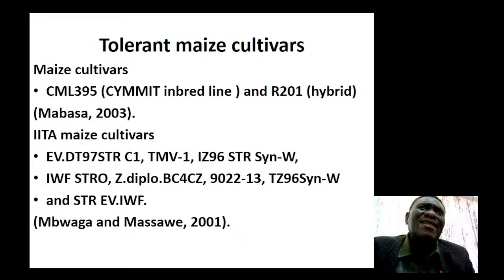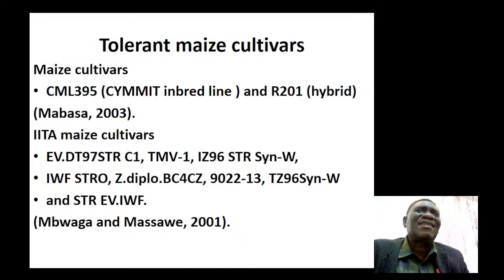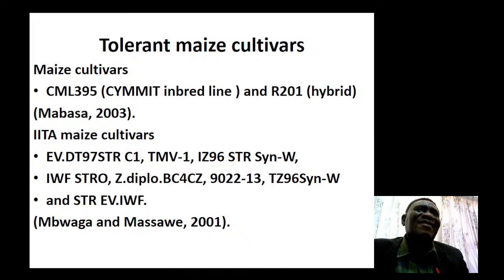And at some stage I said drought is associated with abscisic acid, as well as Striga is also associated with abscisic acid because they control stomata closure and opening. This is how we actually identified it and tried to screen it for tolerance. And indeed we found that it was tolerant or resistant.